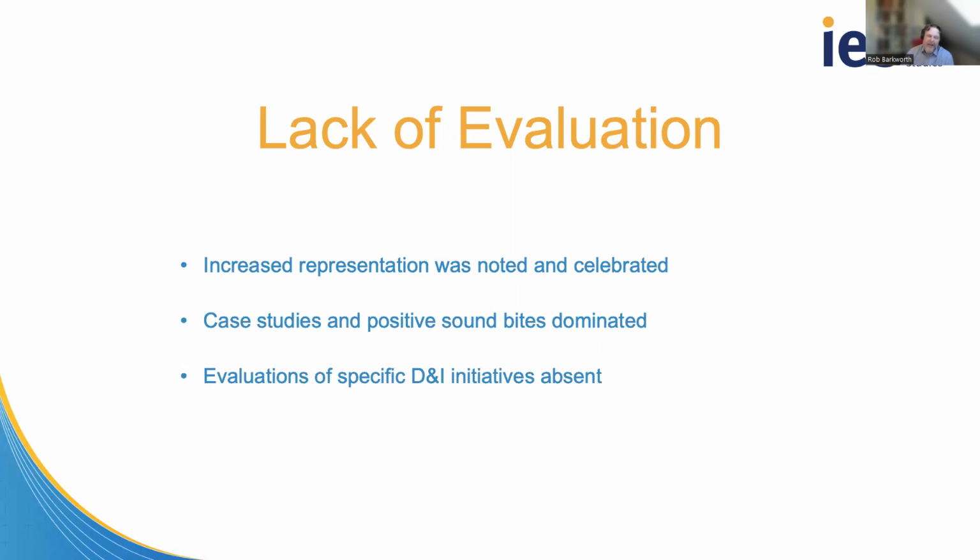The strategies themselves did contain pseudo evidence, but it was often in the form of sound bites and case studies rather than anything meatier to really get your teeth into. And there weren't evaluations of specific D&I initiatives. D&I is such a broad area, with many moving parts to a diversity and inclusion strategy, so there wasn't the ability to identify what you have done and what has been the benefit of that thing.